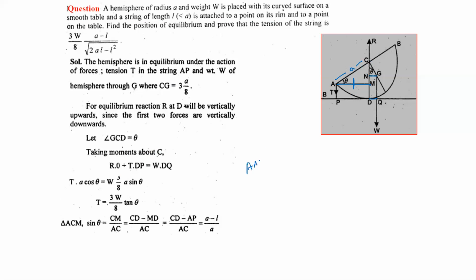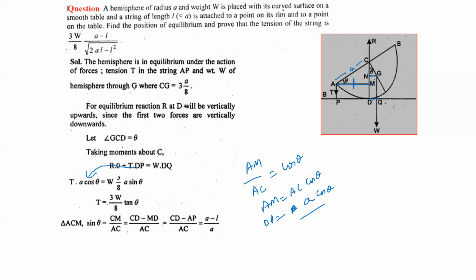Base by hypotenuse is equal to cos theta. So AM will be equal to AC cos theta. And AM means DP. DP is AC cos theta and AC is the radius. So DP is a cos theta. So here we have substituted the value of DP as a cos theta.